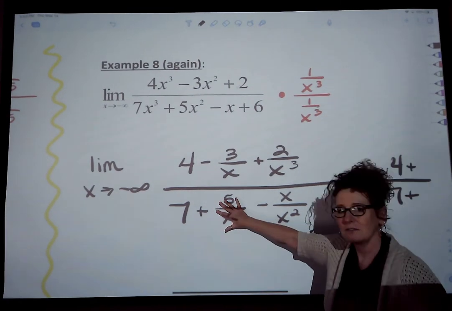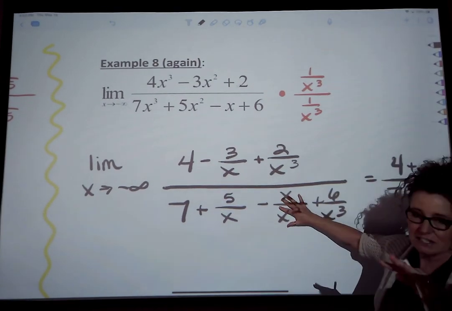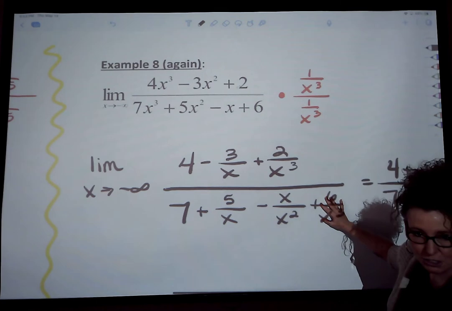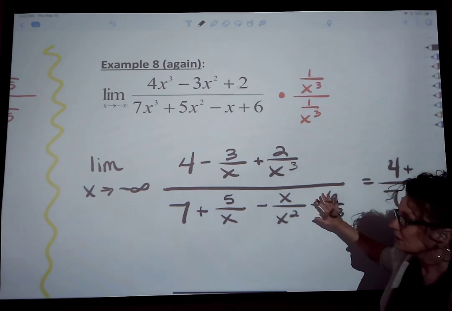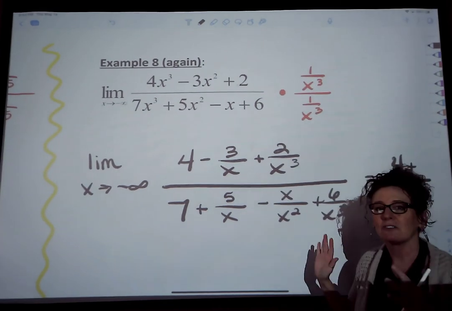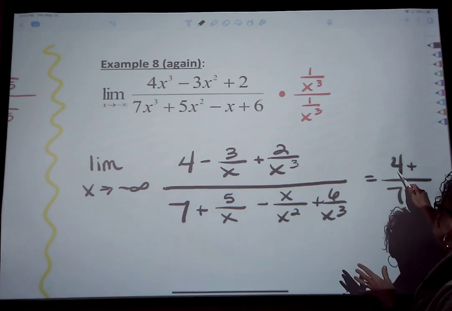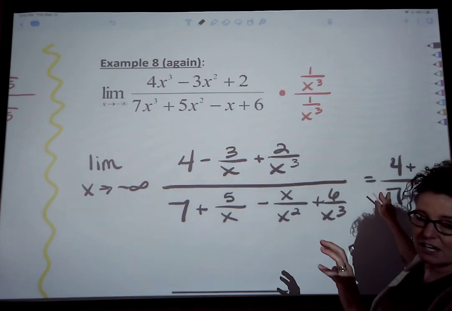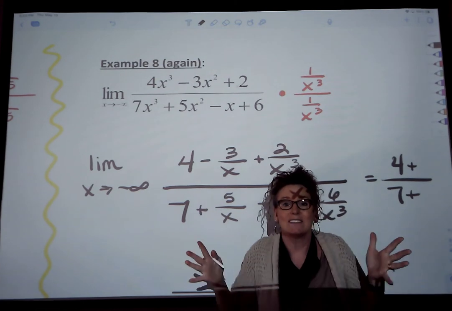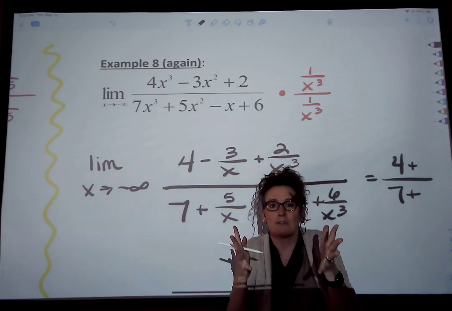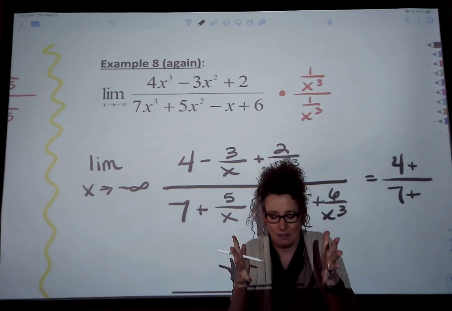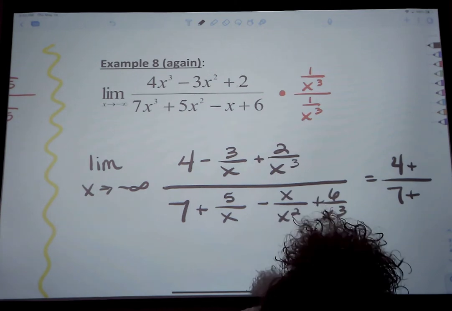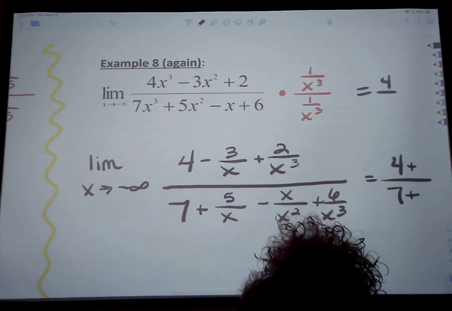Limit of this, 0-ish. Limit of this, 0-ish. Limit, 0-ish. So all of these are kind of irrelevant. This is kind of like 4-ish over 7-ish. Where are my y's headed? My y's are headed to 4/7.